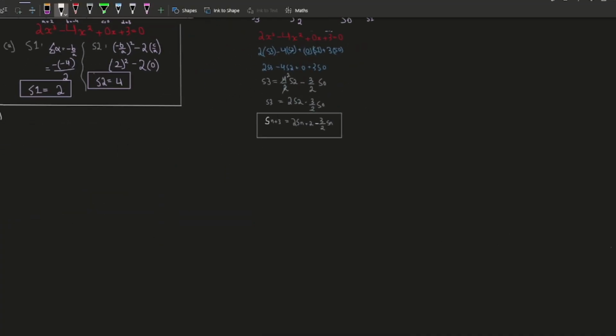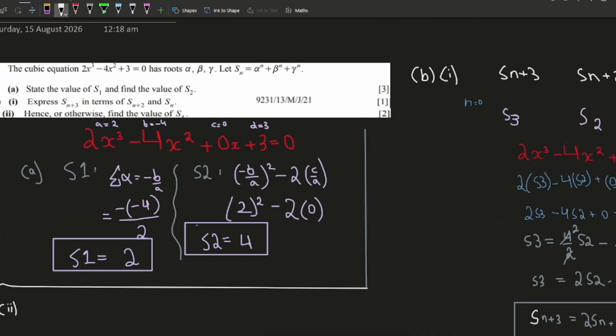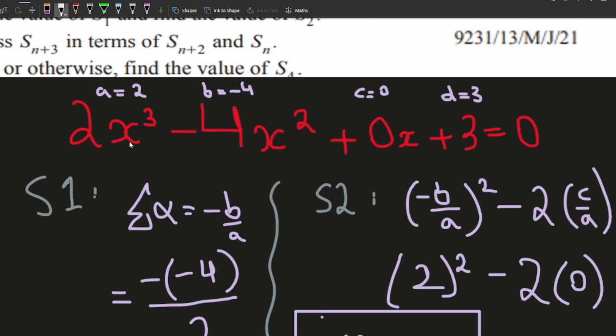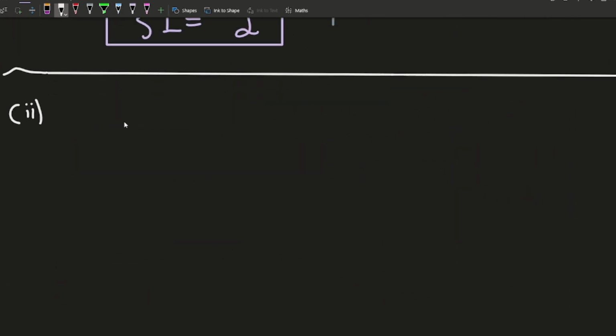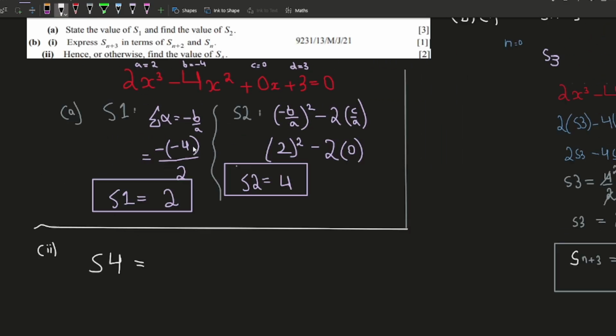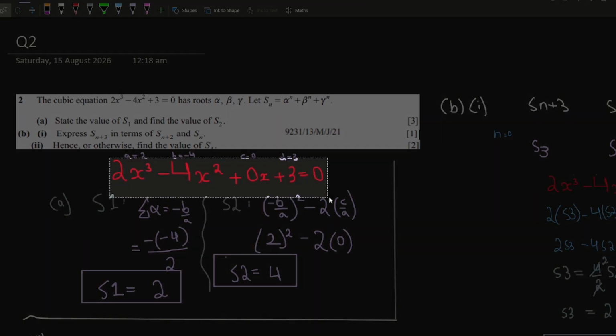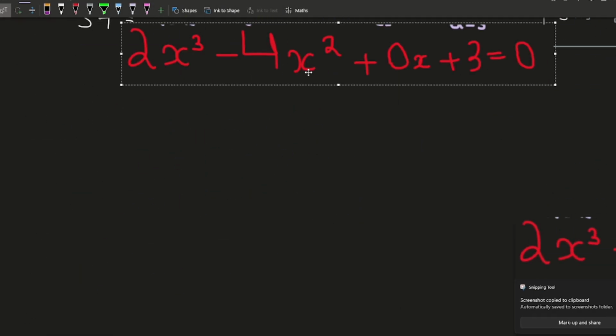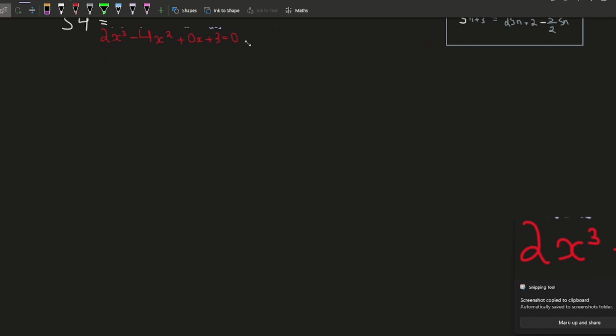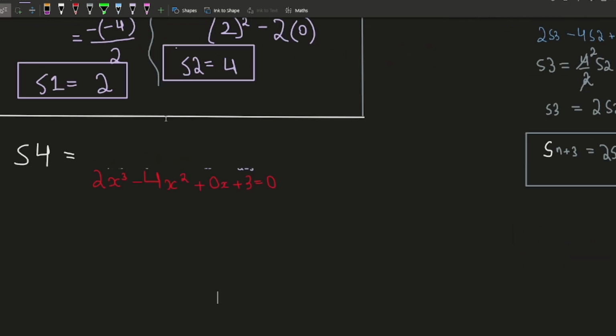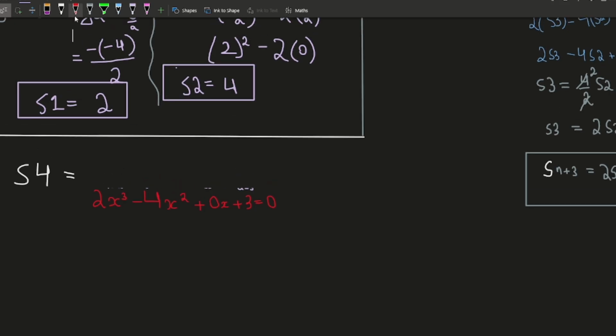So now let's try the second part. For part B, they are asking us to find the value of S4. So what would be the value of S4? First of all, let's copy and paste this equation back, so things are easier to visualize. To use S4 in our equation, we need to make the highest power of x equal to 4. How can we do that?